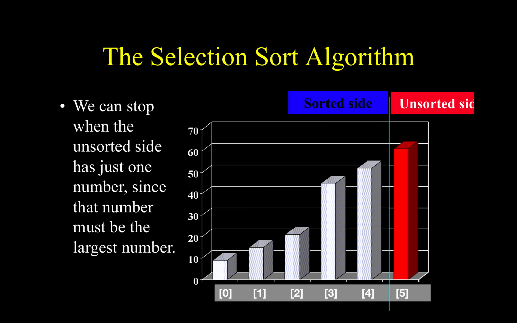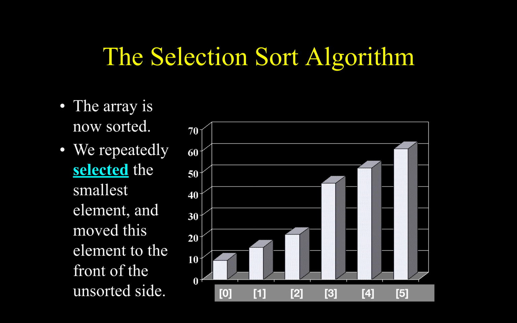We can stop when the unsorted side has just one number, since that number must be the largest number. When the unsorted side has only one number, that is obviously the largest number. So now we can see the array is sorted.